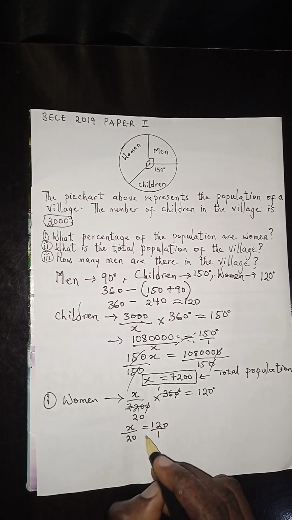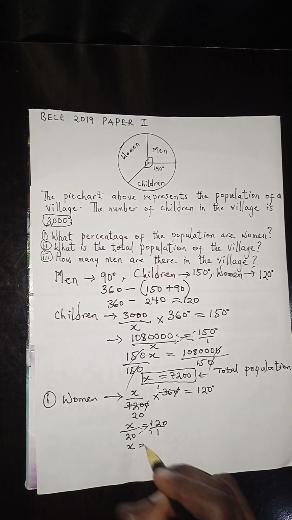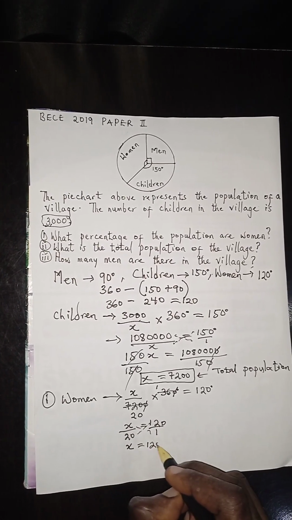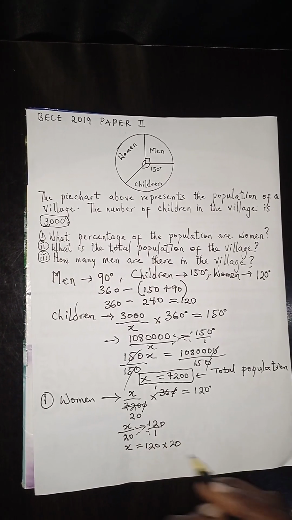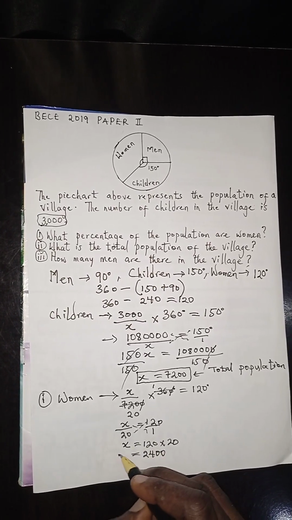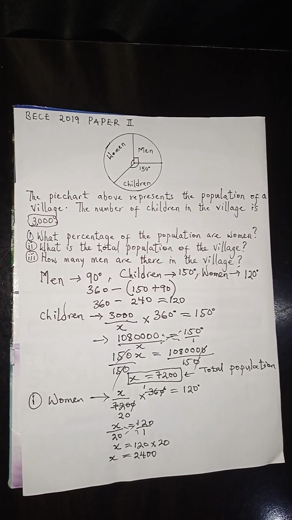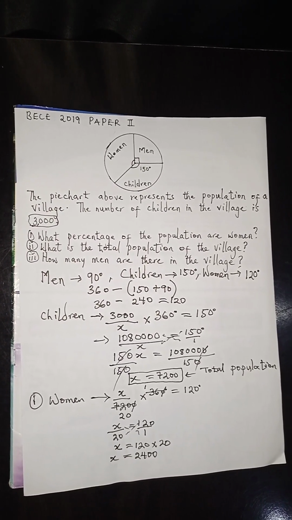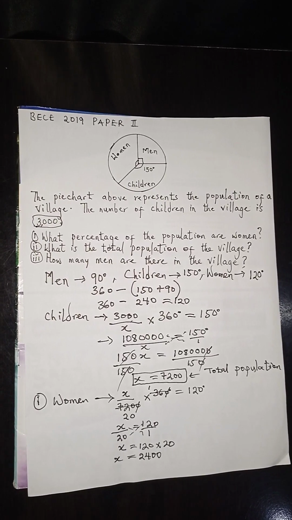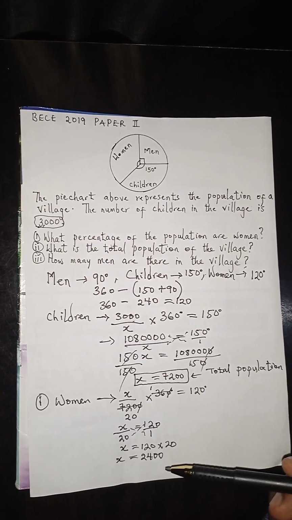Then all I need to do is cross multiply, and I'm left with x equals 120 times 20, and that gives me 2,400.